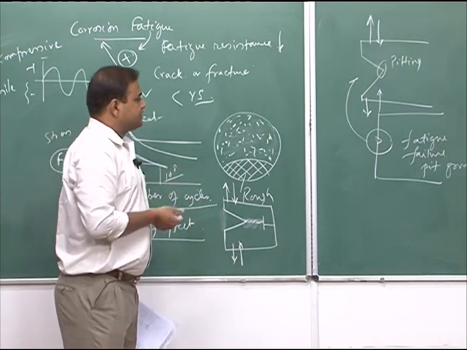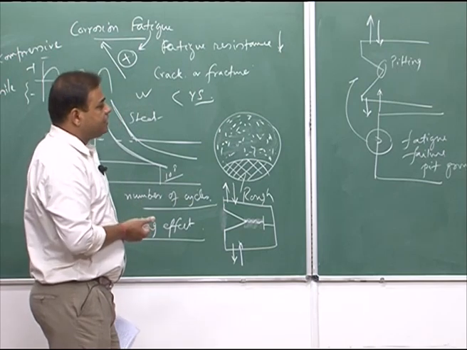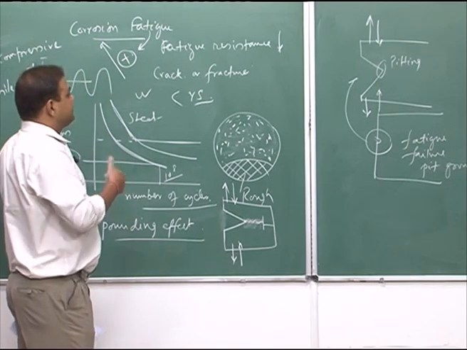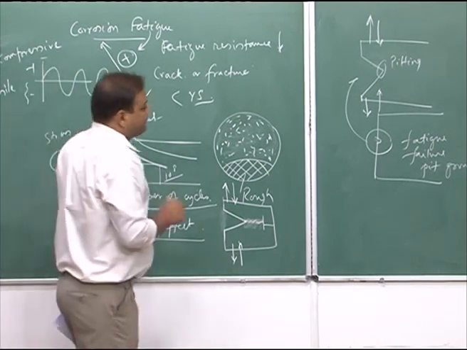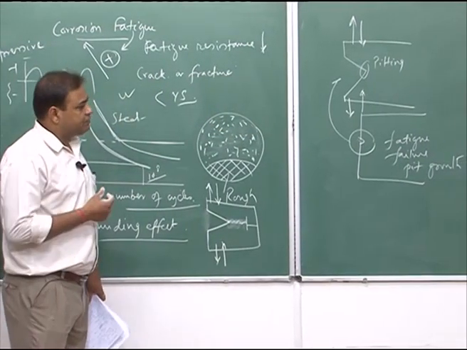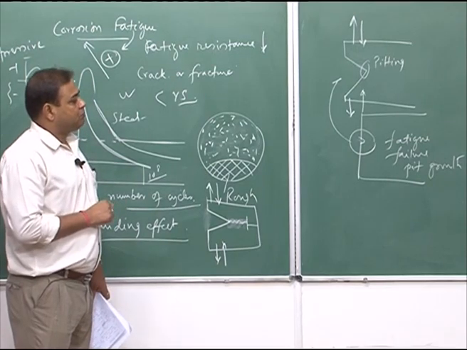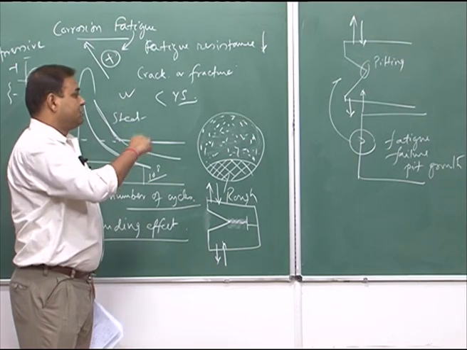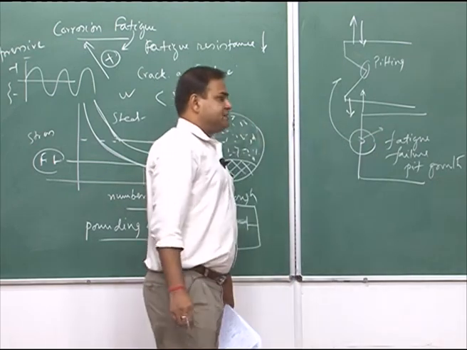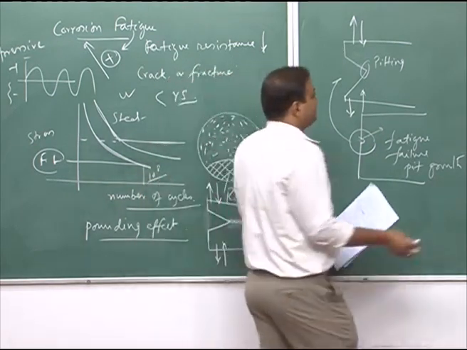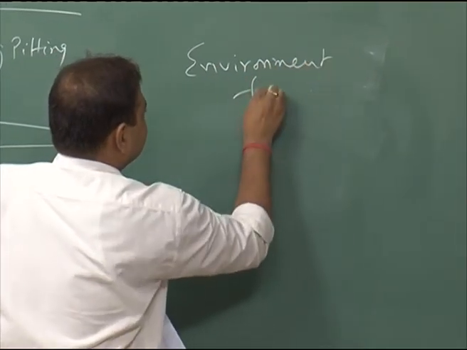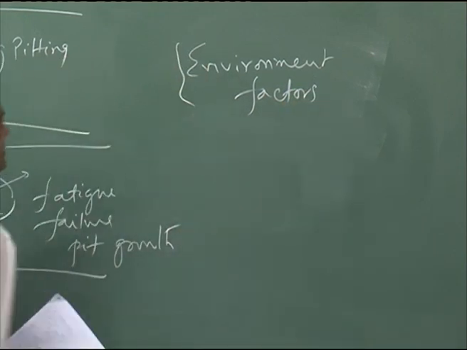So, from this we can understand what could be the protection mechanism for fatigue failure. Definitely the material is one issue. We have to have a very good material which has inherent fatigue resistance, and of course, we have to make sure that there is no pit formation. If we do not have pit formation, the tendency for corrosion fatigue failure would be less. Now, if we would like to avoid pitting, then we have to take care of environmental factors.